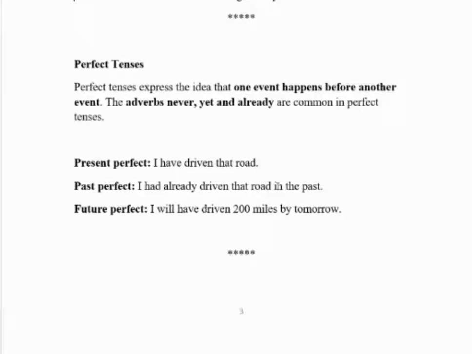But after have, or has, or had, the verb is changed into the past participle. You have to change the verb after have, has, and had. So in the future perfect, we say I will have driven 200 miles by tomorrow.